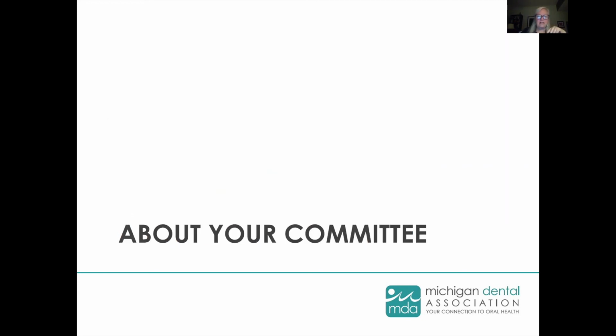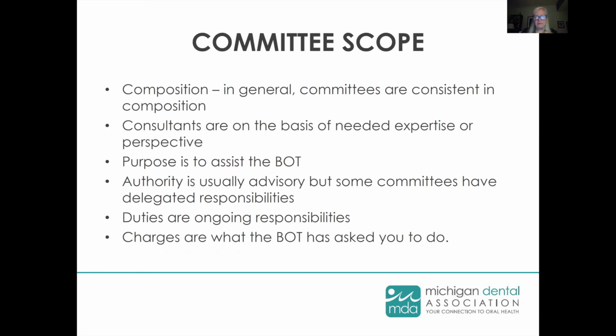Now let's talk specifically about your committee briefly. When your director goes over your committee scope with you, it'll talk about the composition of the committee. In general, committees are consistent in size and in composition. Consultants are approved on the basis of needed expertise or perspective.